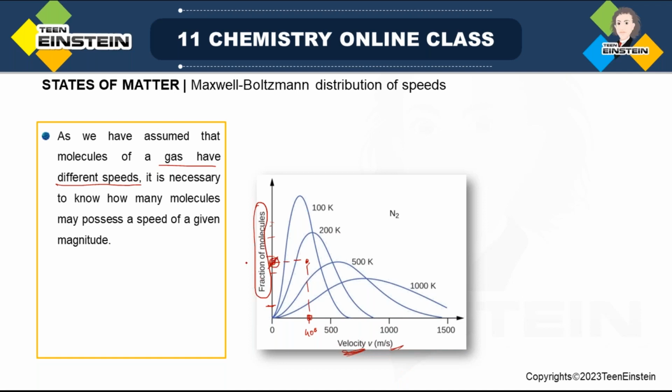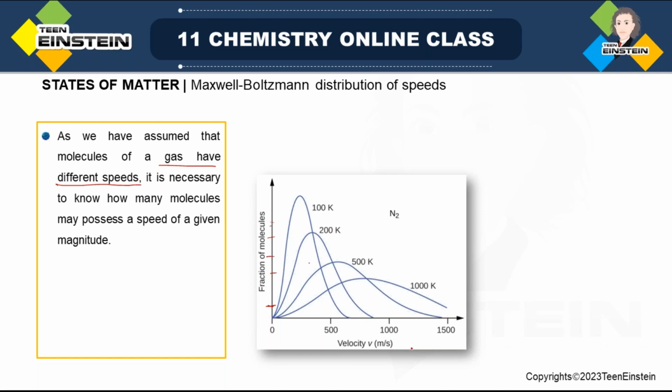There will be a particular value, suppose x fraction. So x fraction of molecules will have a speed of 400 meter per second. In this way you can understand how the fraction of molecules changes with increase in velocity. So this is the relationship between fraction of molecules and velocity.